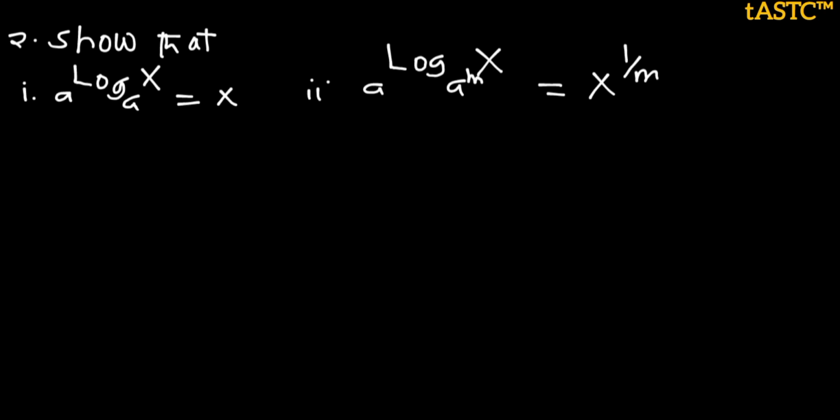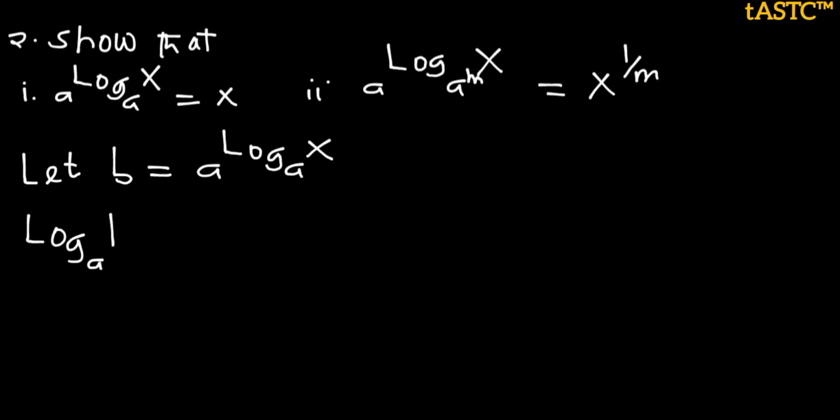Now, for this, I'm going to say let b be equal to a to the log to base a of x. Now I'm going to take log to the base a of both sides. So that will be log to the base a of b. And here we're going to have log to the base a of a to the power of log to the base a of x.